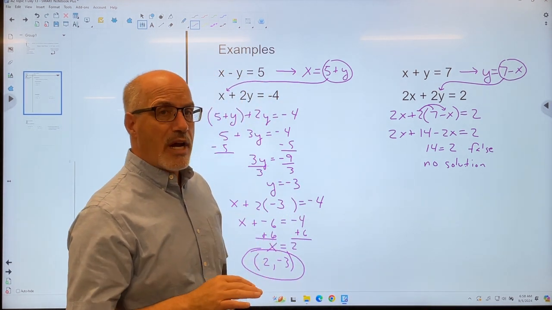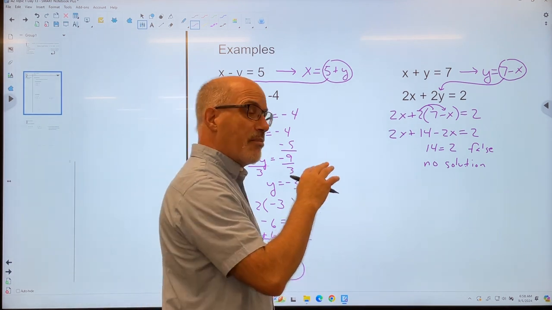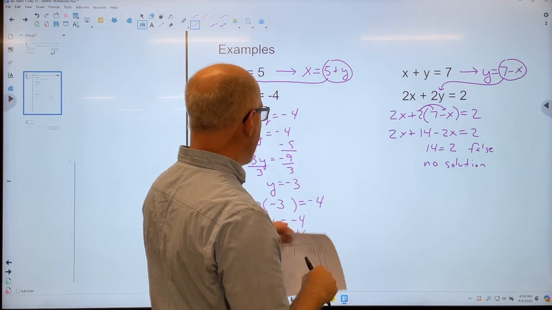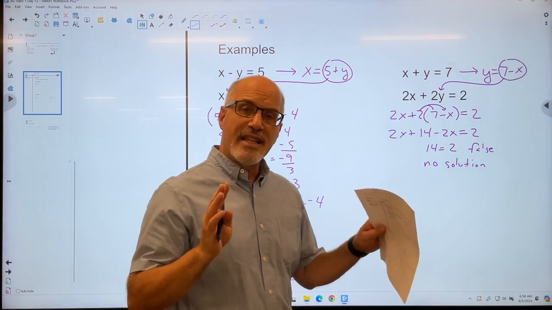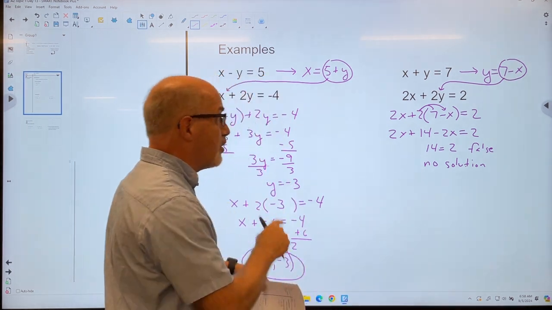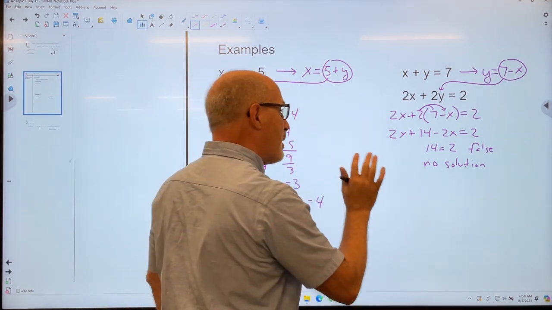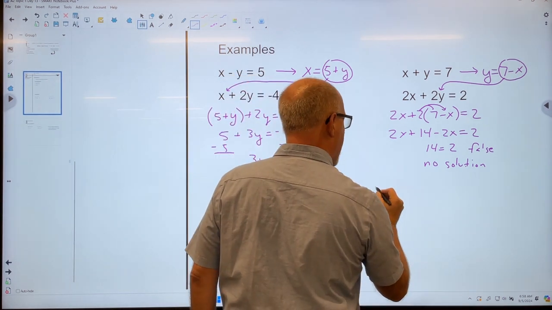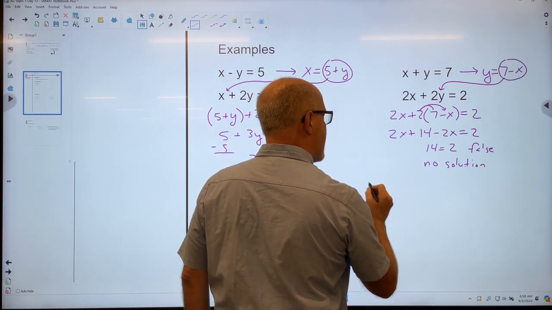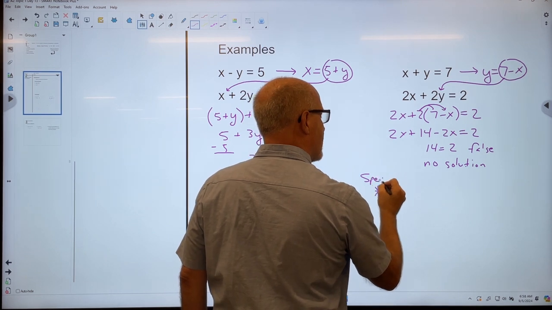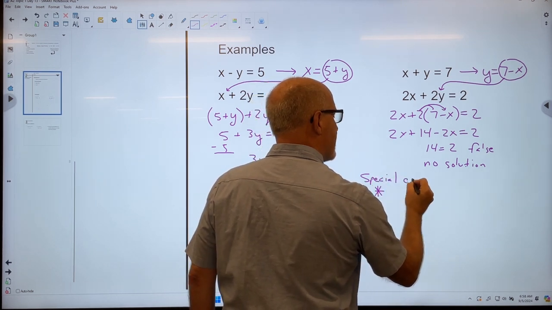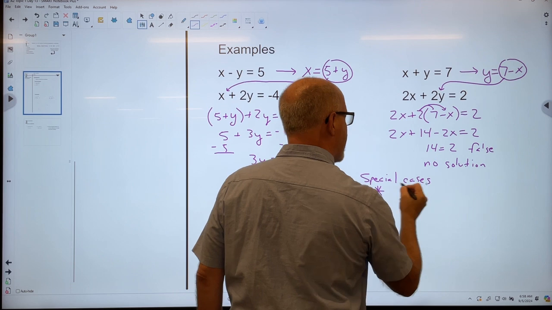So let me summarize what you can do for the possibilities. Remember, if you solve it and you come up with an x and y, that's the intersecting ones, you get a single point. That's okay. But what about the two cases? This is a special note, special case. So we'll call this special cases.